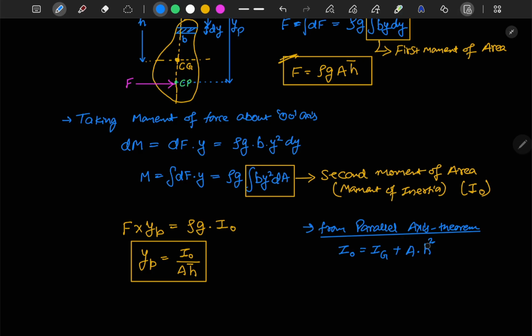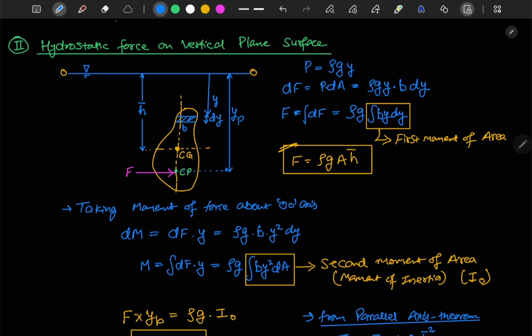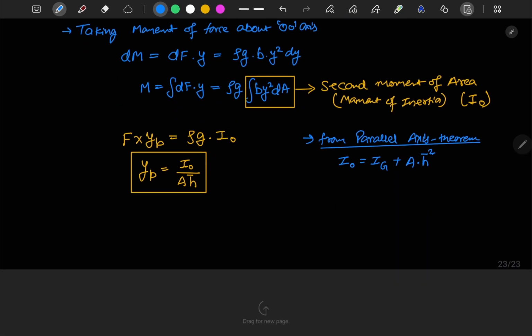So now here this is your h bar, because the distance between the CG and the top bar is h bar here, as I mentioned earlier.